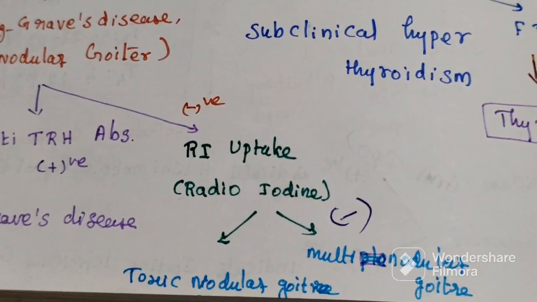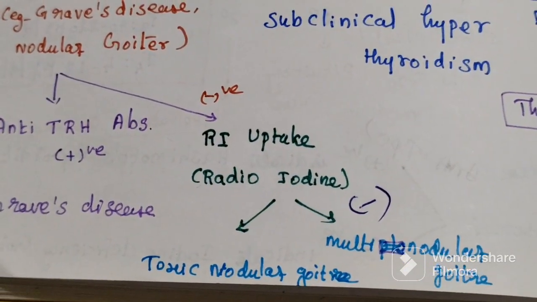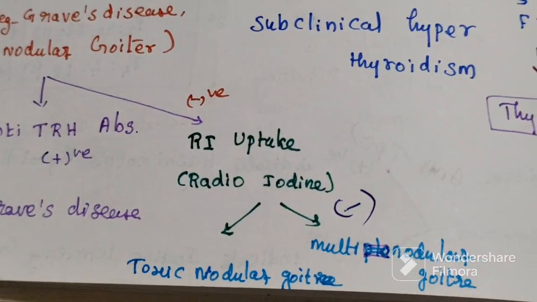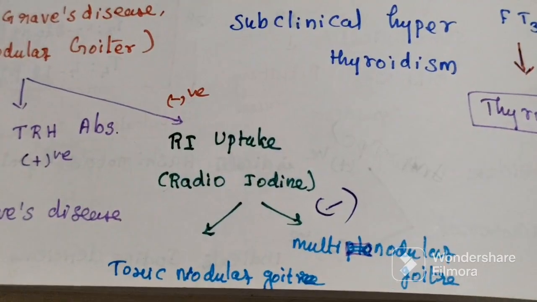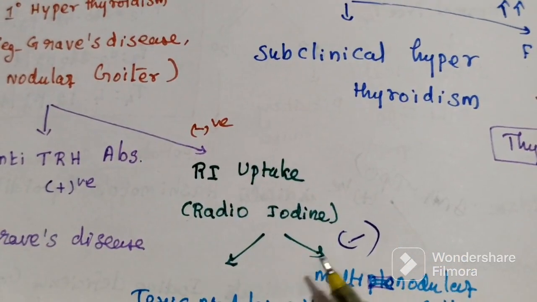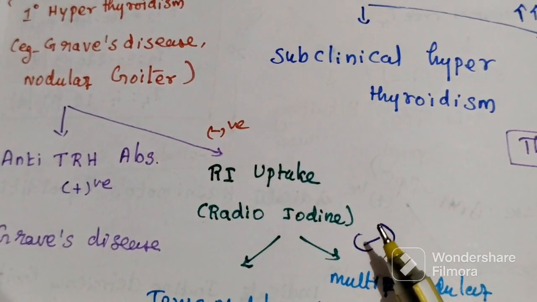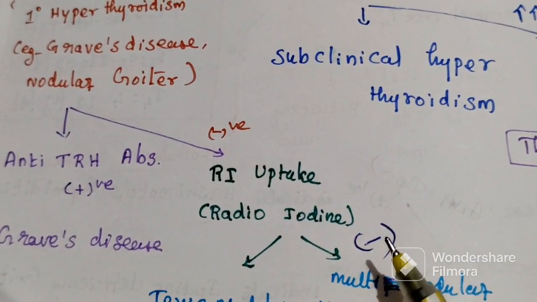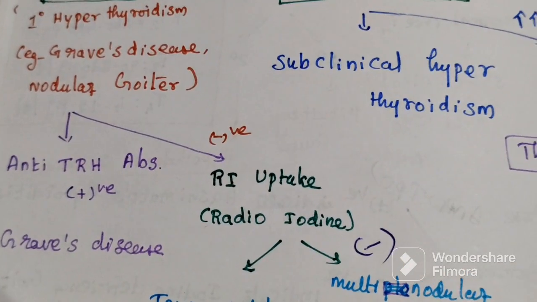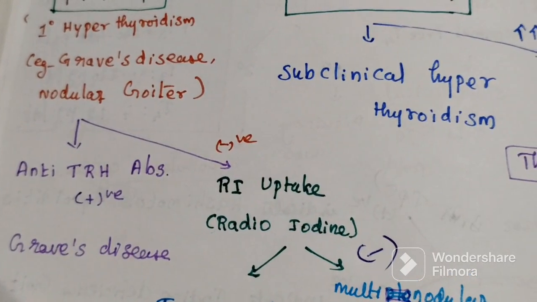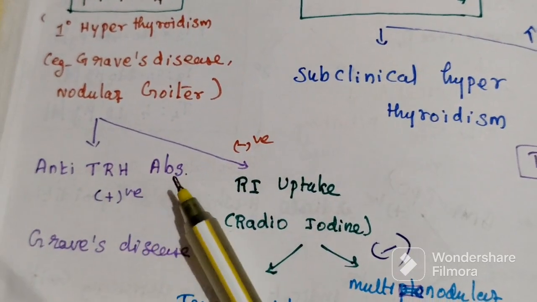If it indicates multiple nodules, it is multinodular goiter, with negative anti-TSH receptor antibodies.